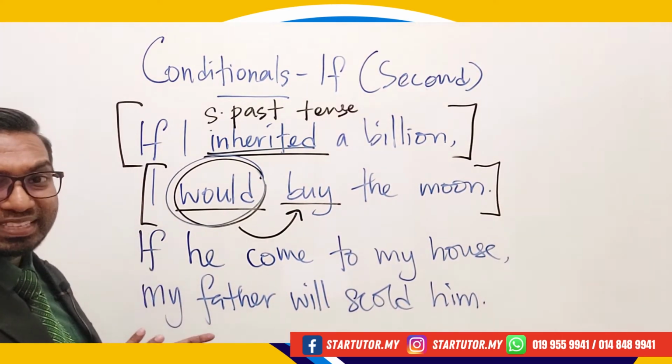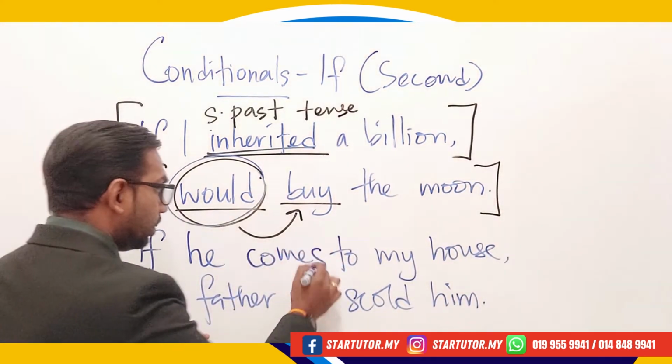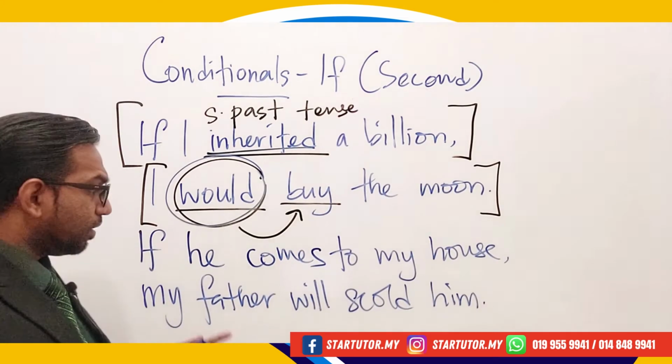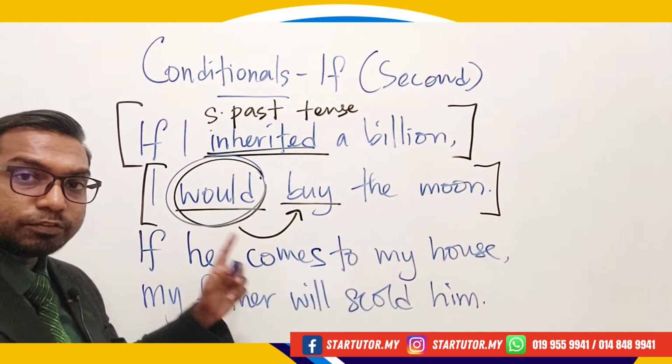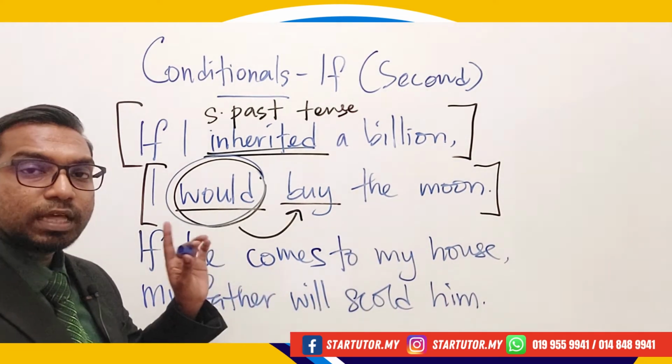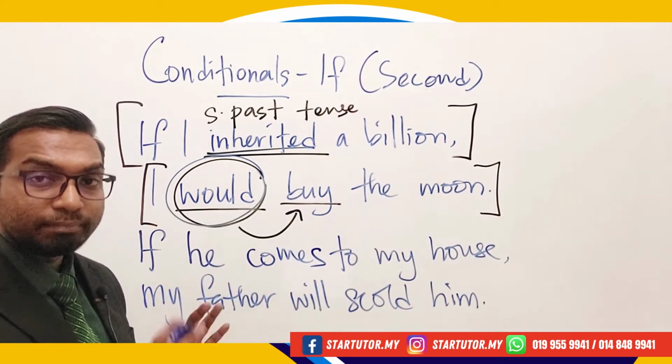There are a few mistakes in this sentence. First of all, if he comes to my house, my father will scold him, right? But if you realize, this is a first conditional sentence, things that are most likely to happen but not guaranteed.